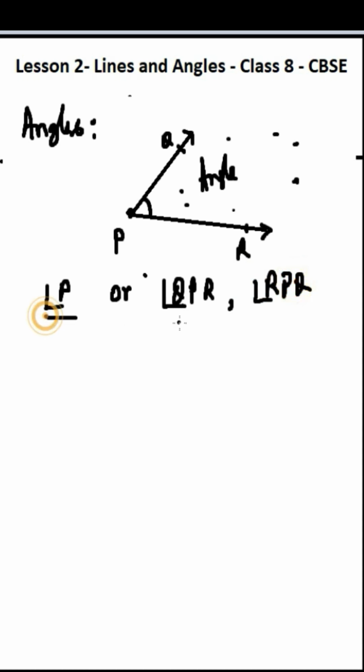Any one of the ways is okay. The better way is the three-letter representation. So P is called the vertex. And PQ and PR are the arms, arms or hands also. Some people will say arm, some people will say hand. So there are two arms and there is a vertex.